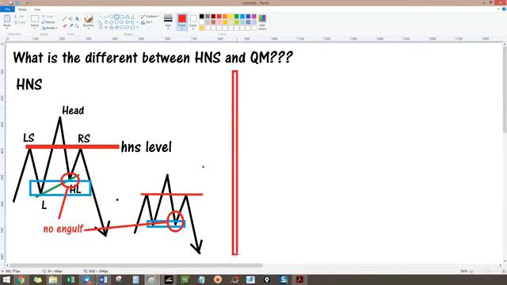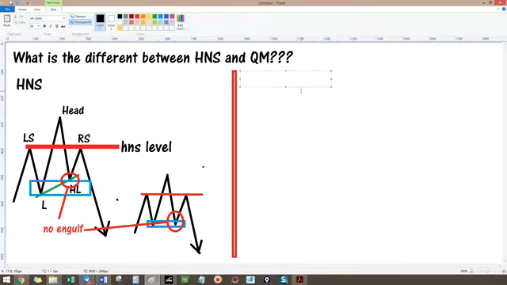Okay, so I will draw another one for QM. QM or Quasimodo. Here is head and shoulder.